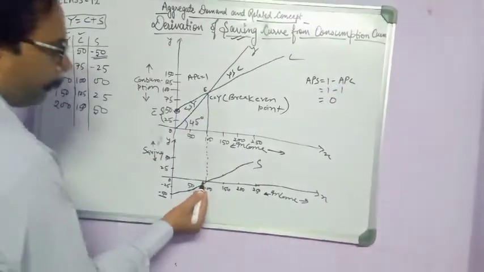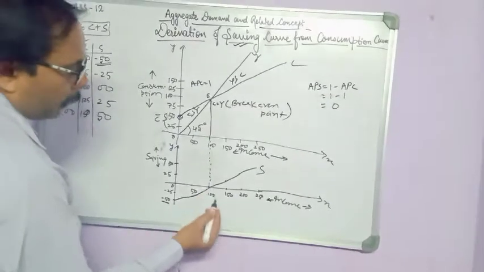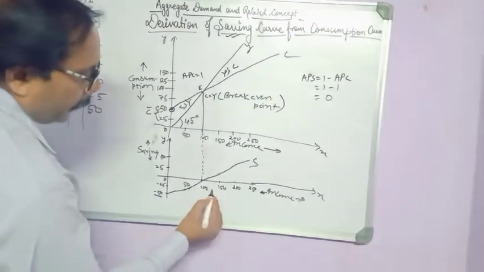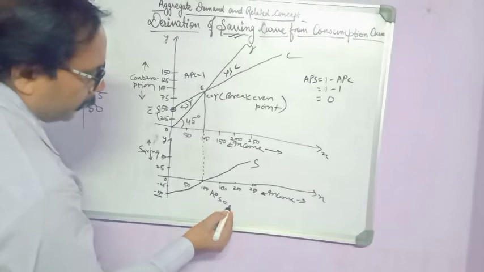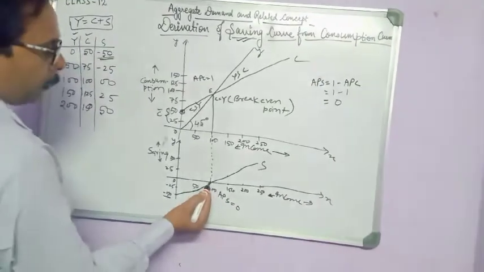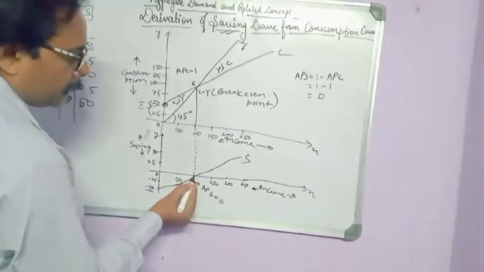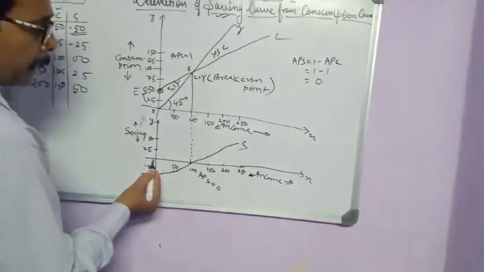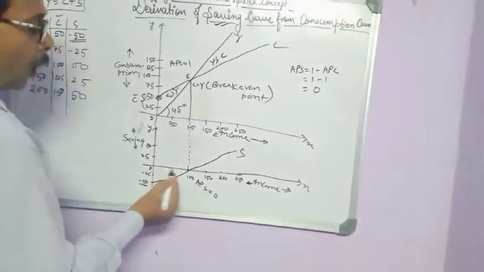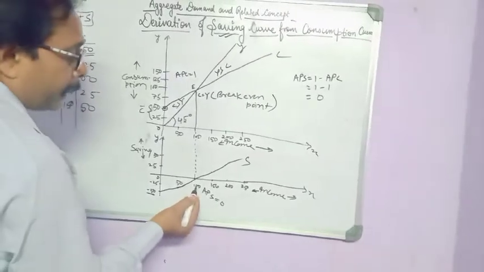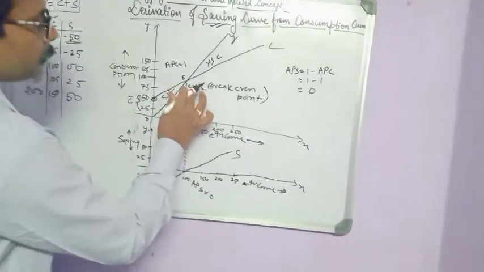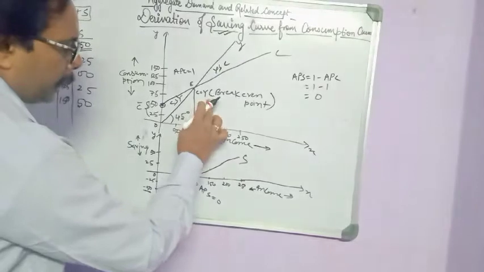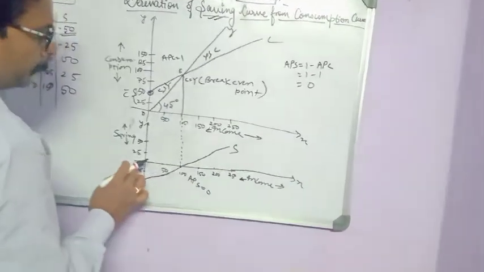So APS at this point is equal to 0, and that's why the saving line touches the x-axis and the saving becomes 0. Or we can say at 100 level of income, consumption is equal to income, that's why the saving becomes 0.